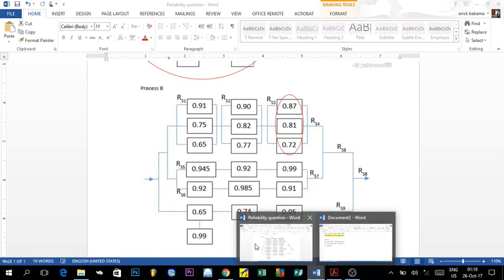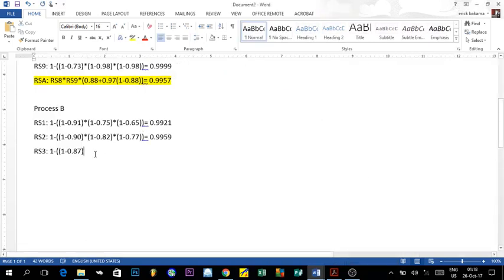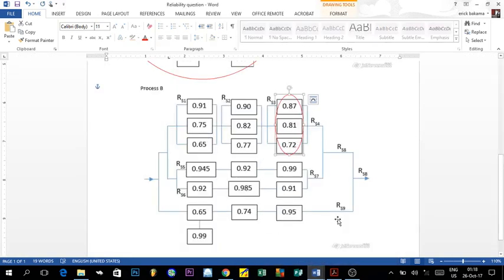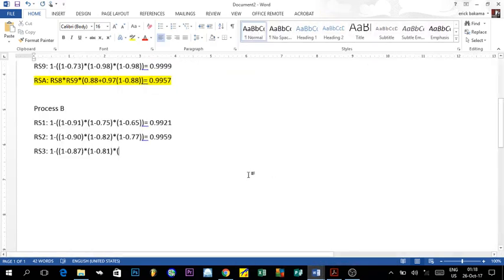And then the second is 0.81 times 1 minus 0.81 times 0.72, 1 minus 0.72. Now the value that we get for RS3 is supposed to be 0.9931.